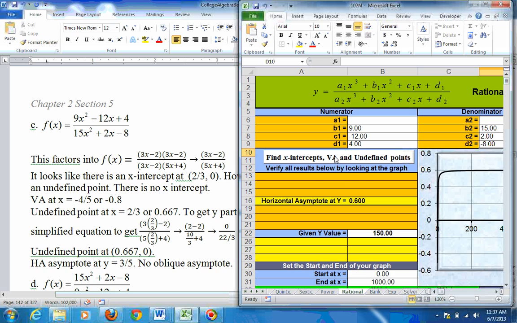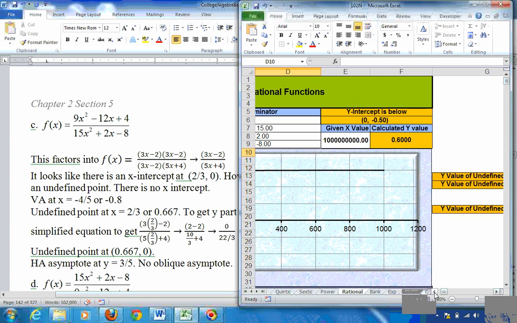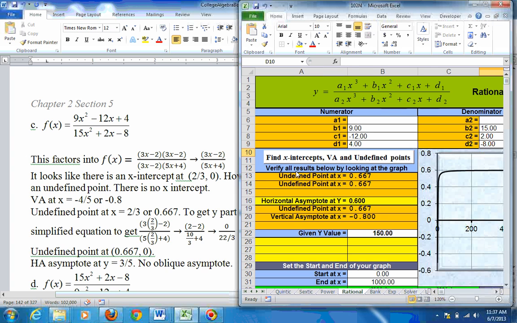Click on this to get most of everything else here. Undefined point at 0.667. That's what we said the undefined point was. What is the y part of the undefined point? 0, like we said. X-intercept. No x-intercept listed, so there's no x-intercept. How about vertical asymptote at negative 0.8 right here?